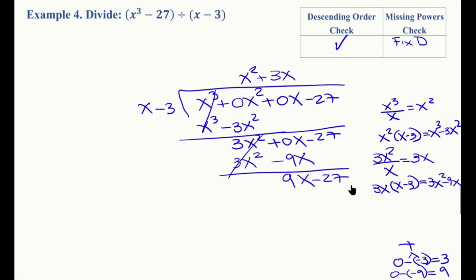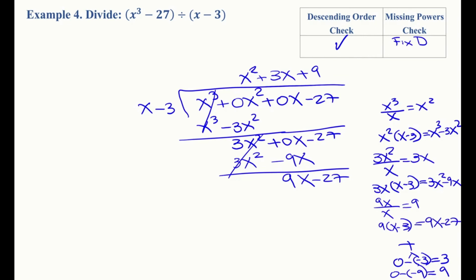We don't stop till the degree here is strictly less than the degree here. So we divide 9x by x, we get 9, and now we write the 9 up here, and we're going to multiply the 9 now by the divisor. So 9 times x minus 3 equals 9x minus 27.